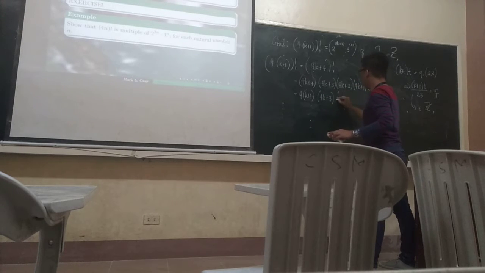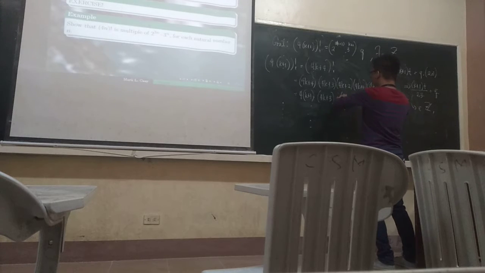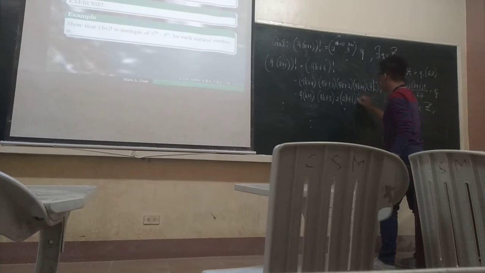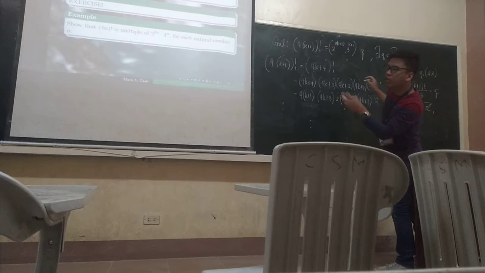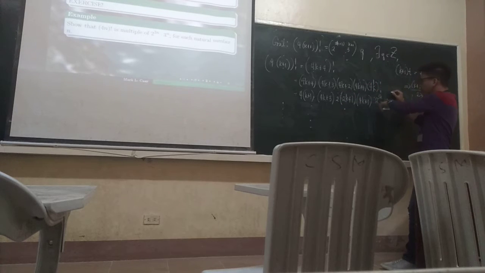This is 2, 4k plus 1, 2k plus 1, 4k plus 1. And this is the 2 to the 3k times 3 to the k times t.